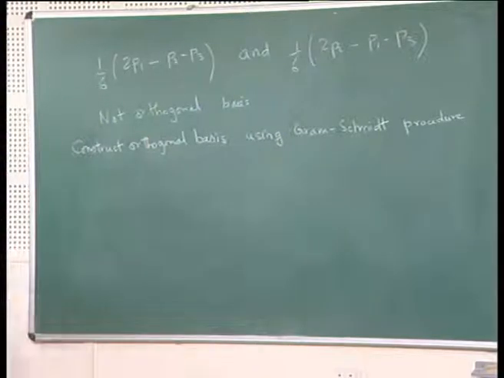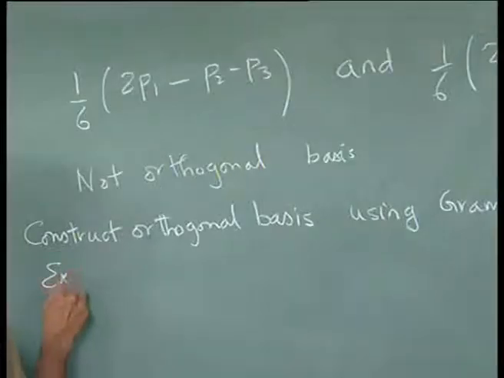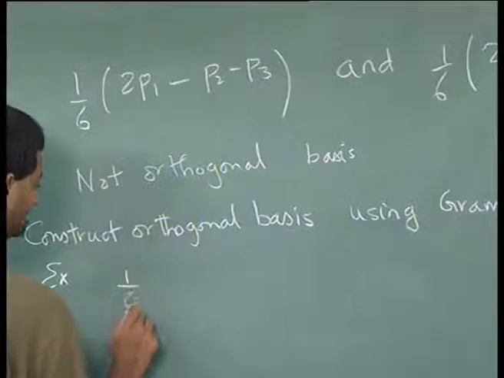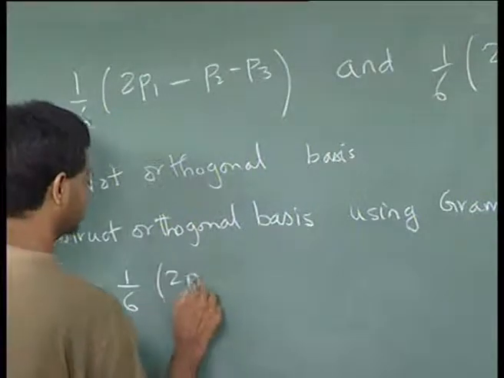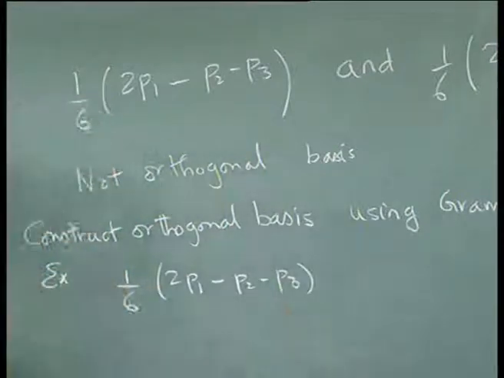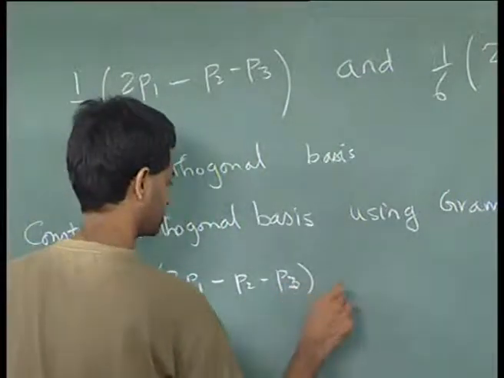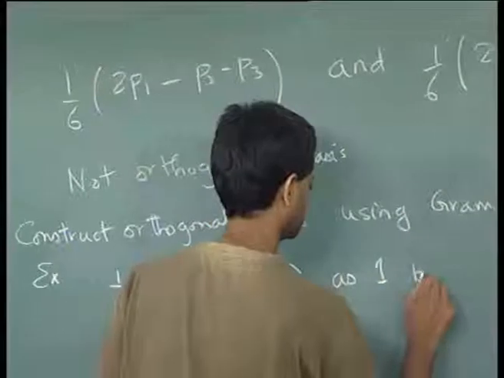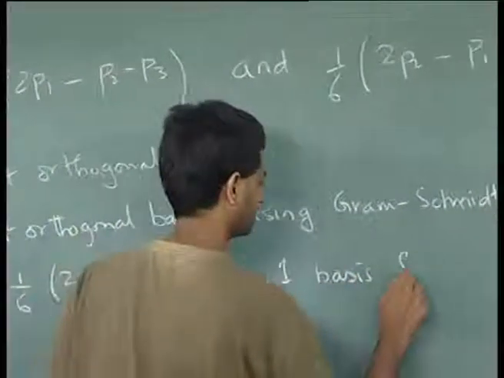So, for example, you take 1 by 6 (2p1 minus p2 minus p3). This is one basis function.